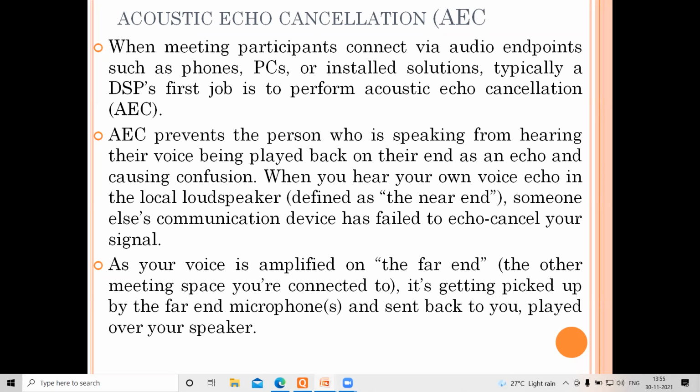The first thing that any DSP system, whether built in or added, has to do is echo cancellation, right? You all understand this. What do I mean by echo? Acoustic echo cancellation basically prevents a person who is speaking from hearing their voice being played back from the other end as an echo and causing confusion.